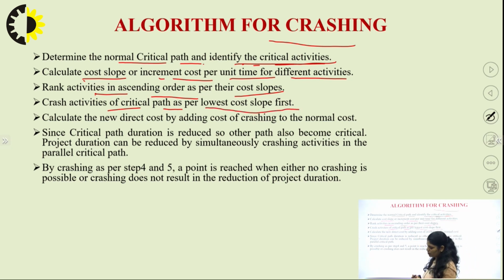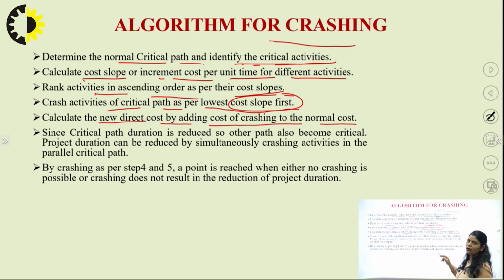So which activity do we select first? We will select the activity for which the cost slope is the lowest. Then we will calculate the new direct cost by adding the cost of crashing to the normal cost, and since the critical path duration is reduced, other paths also become critical.